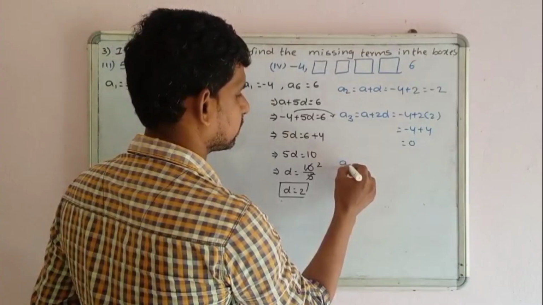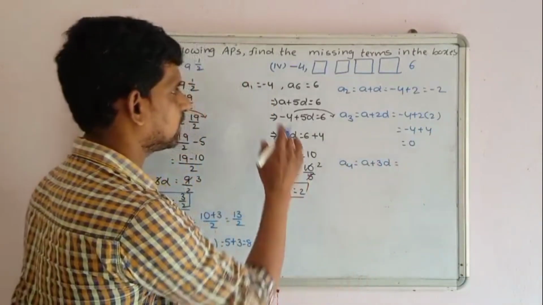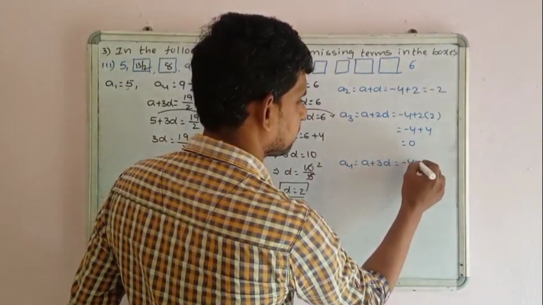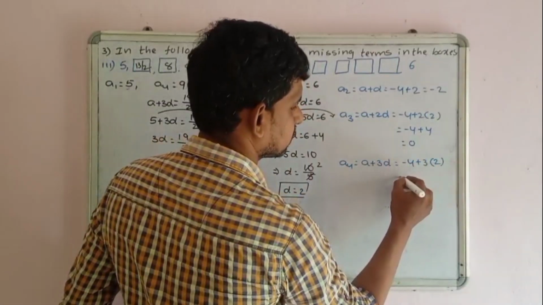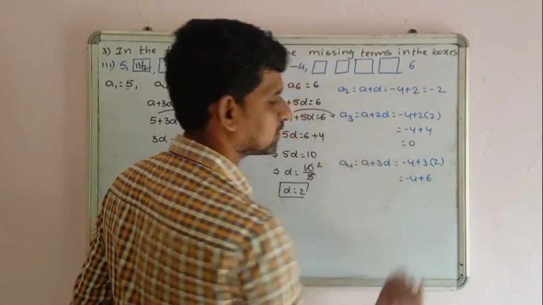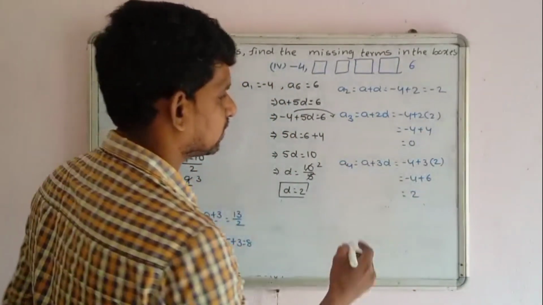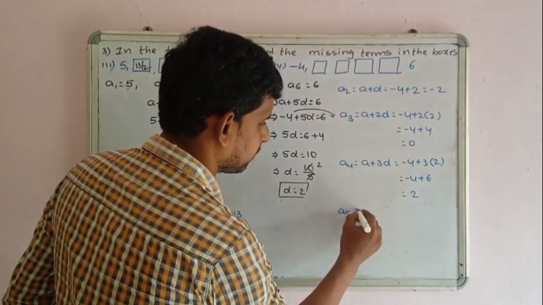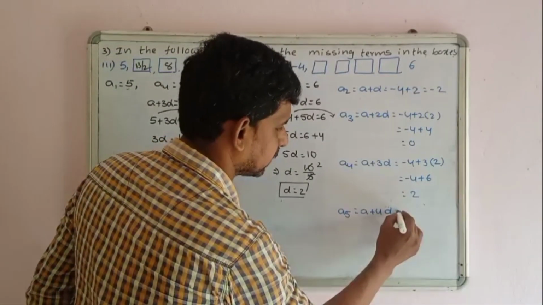Next A4, A plus 3D. So A value minus 4 plus 3 times D value 2. So minus 4 plus 3 2s are 6. 6 minus 4 is 2. Next A5 equals A plus 4D.